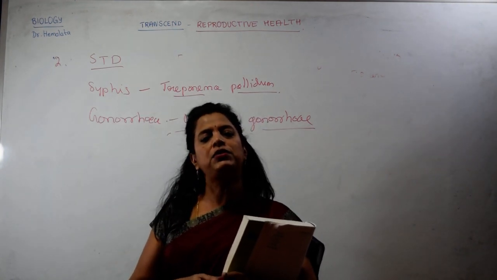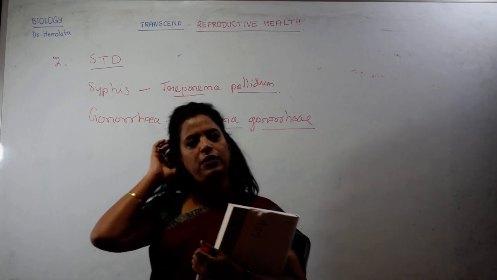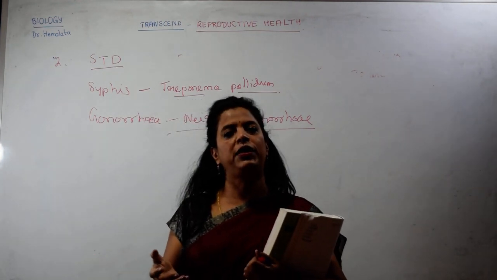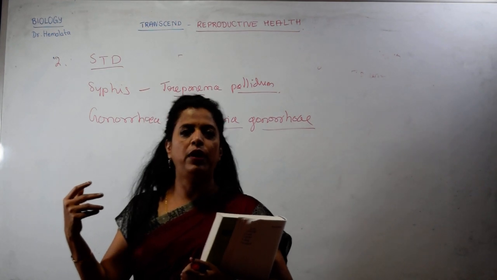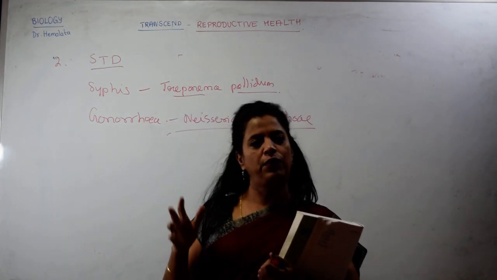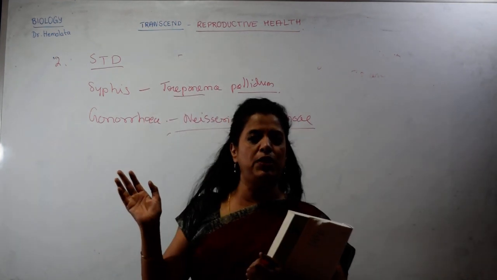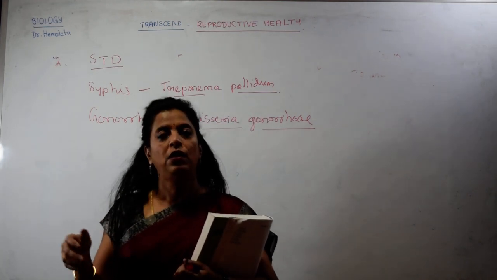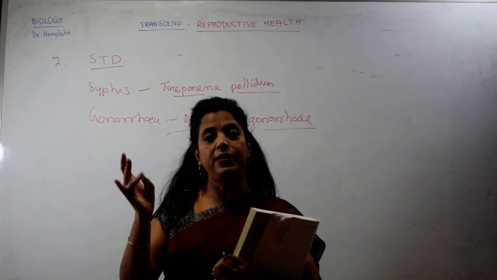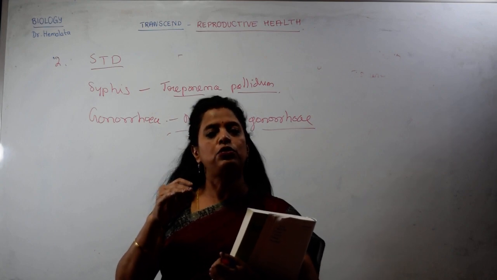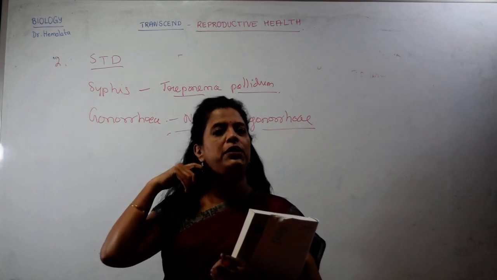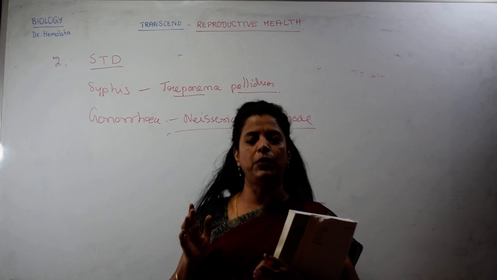Learn by heart the names of the 2 diseases. At least when they ask about a sexually transmitted disease, you should know at least 2. I already explained the details of syphilis and gonorrhea. Syphilis is like an episodic disease. It happens in primary, secondary, tertiary infections, and many times at the end it causes nerve damage, liver damage, and damage to the heart membranes.